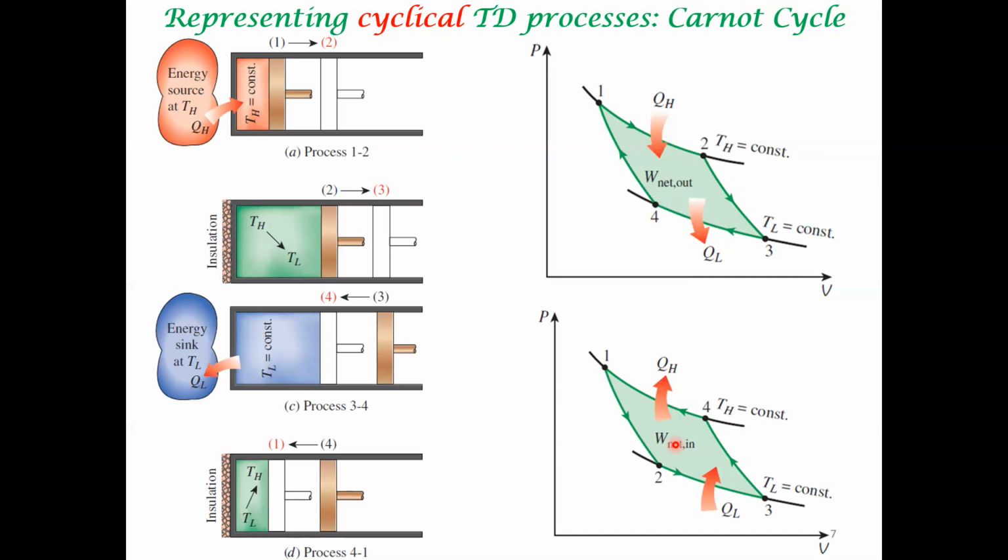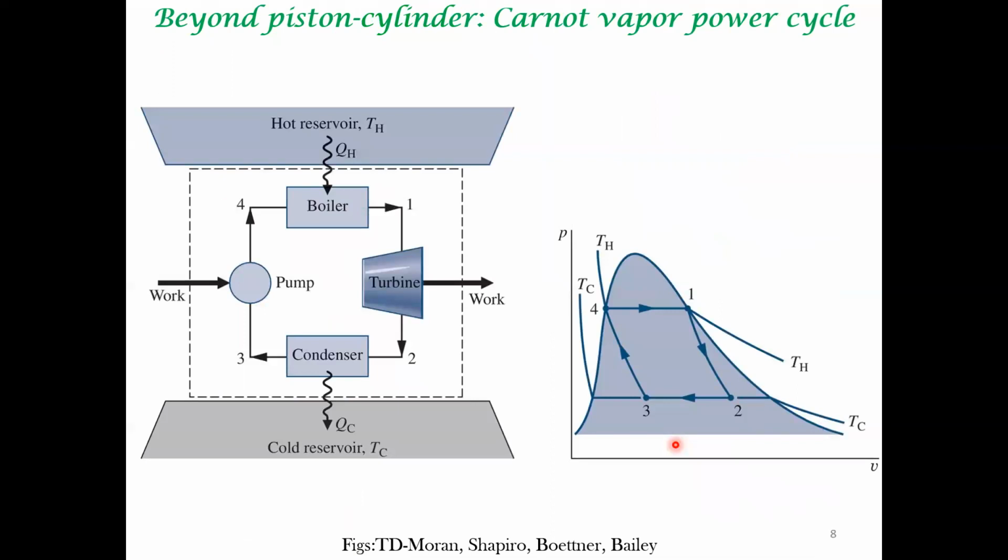In previous chapters of this course, you had seen different power cycles with different kinds of structure. You will see that Carnot's analysis and the Carnot cycle are not restricted to a piston cylinder. You can have a Carnot vapor cycle too. What exactly do I mean by that?